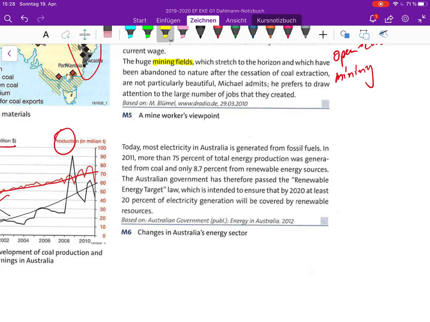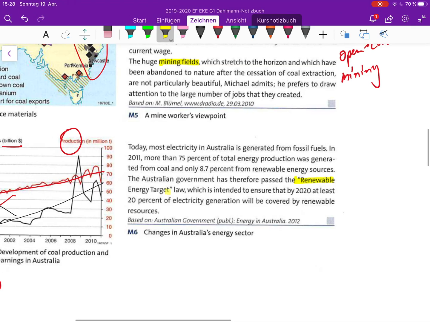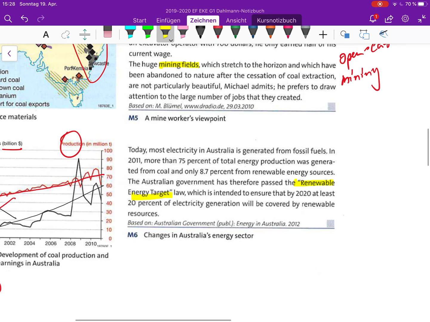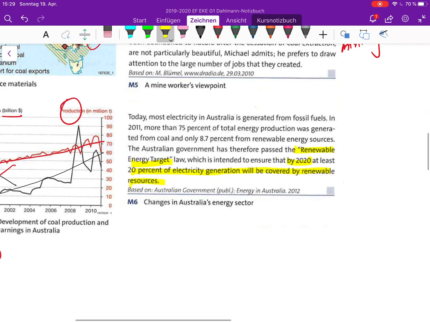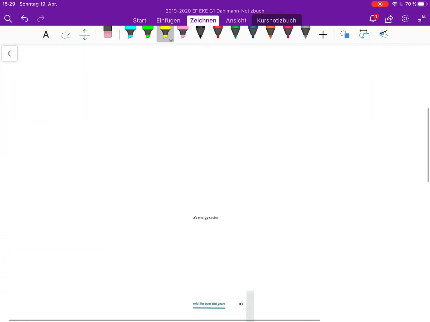In 2011, more than 75% of total energy production was generated from coal, only 8.7% from renewable energies. The Australian government has therefore passed the Renewable Energy Target Law, which is to ensure by 2020, that's today, that's now, at least 20% of electricity generation will be covered by renewable resources. You can Google online if Australia has met that target.